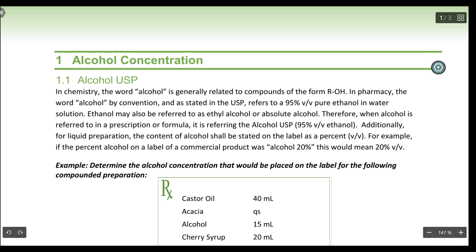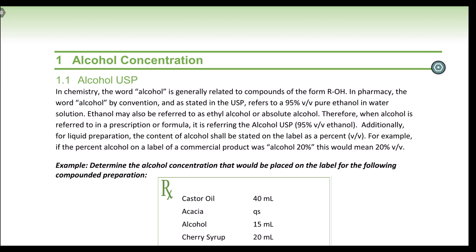If you see a product, even over-the-counter products, that lists alcohol, it'll say alcohol 20%, sometimes 20% by volume. If it says alcohol 20%, that means it's got 20% volume and volume of alcohol in the product. That is the actual pure alcohol, all right?